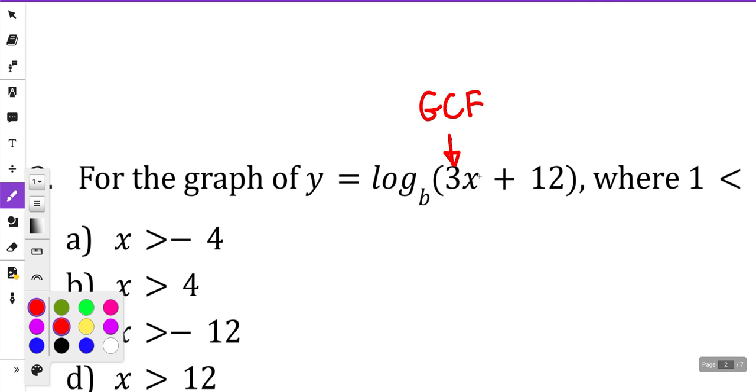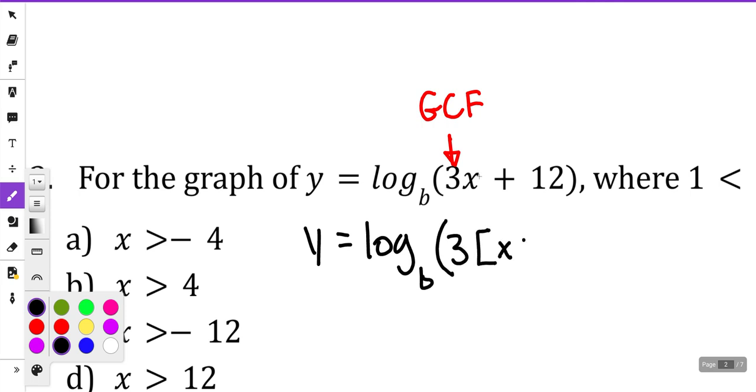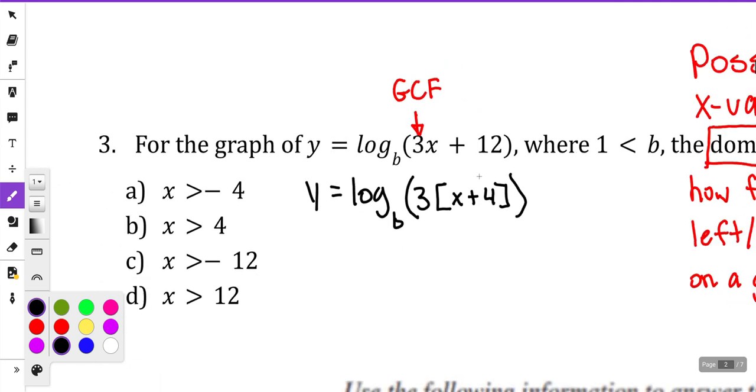So I fix it, and it now looks like this: log base b of 3(x plus 4). I GCF the 3: 3 divided by 3, the 3 goes out, I have a 1 left over. 12 divided by 3 is 4. Now I know what my transformations are.